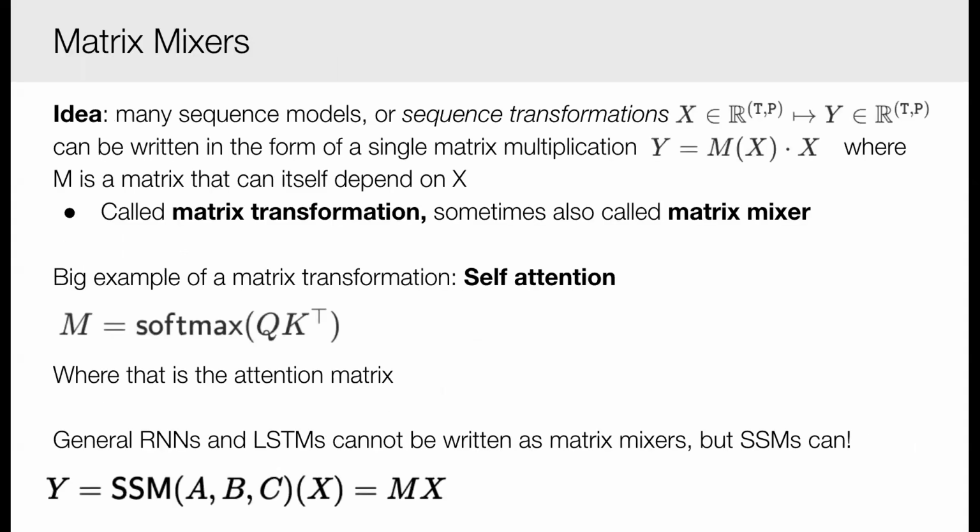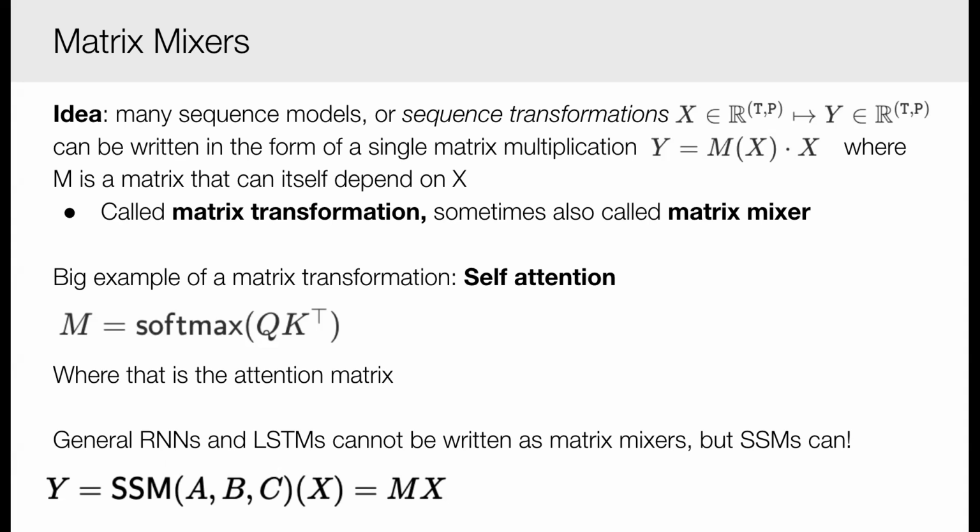So before we get to L and what it actually does, we're going to talk a little bit about matrix mixers. In many sequence models, you're transforming your input X to some output Y. This can be written as a matrix multiplication, Y equals M(X) times X, where M is your matrix depending on X, your input. This is called either a matrix transformation or a matrix mixer, depending on what papers you're reading. They use them interchangeably.